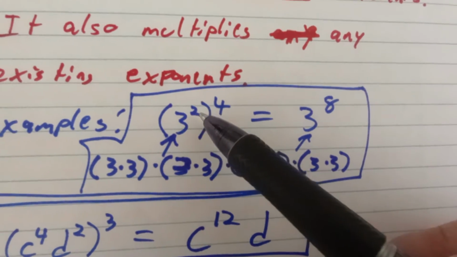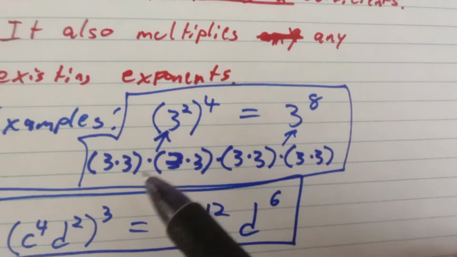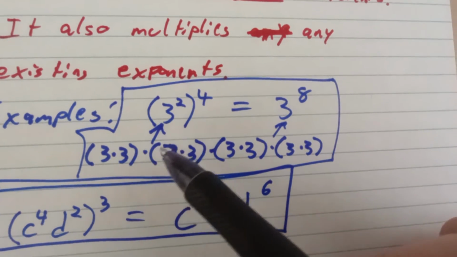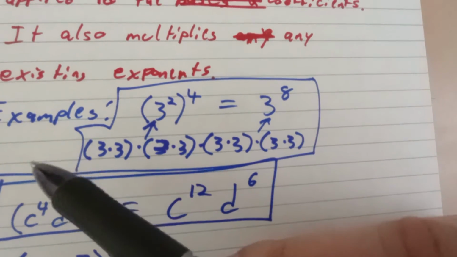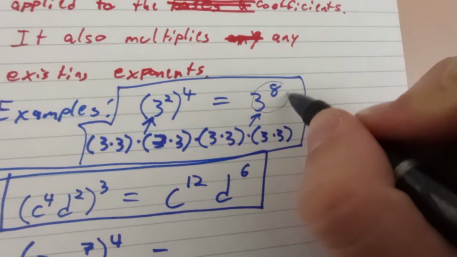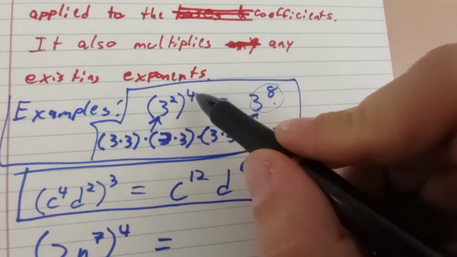What I mean by it's applied to the coefficients and multiplies the existing exponents: if I have 3 to the second power raised to the fourth power, what that means is I'm doing 3 times 3 four times. That is 8 threes that are being multiplied together. So we rewrite it as 3 to the 8th power. Okay? So we do that 2 times that 4.